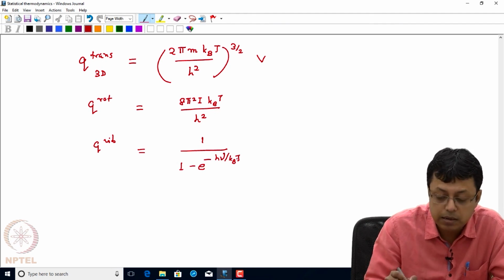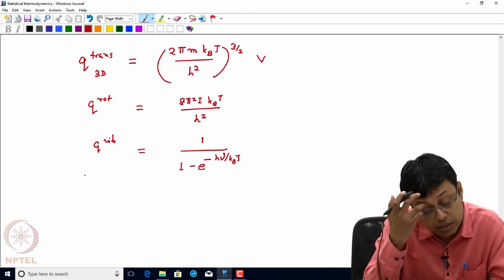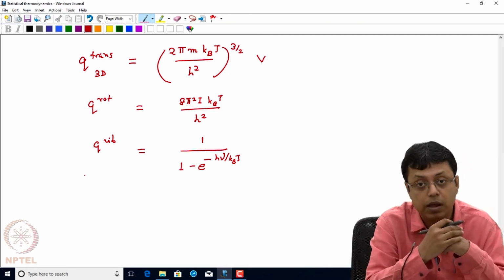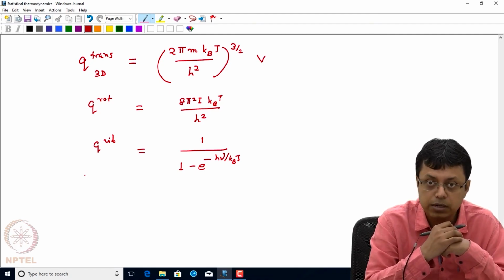And remember that there could be many vibrations in the molecule, so then you have to calculate the partition function for each degree of freedom. Usually you have 3 rotations, and for a linear molecule you will have 2 rotational degrees of freedom. For a nonlinear molecule you will have 3 rotational degrees of freedom.